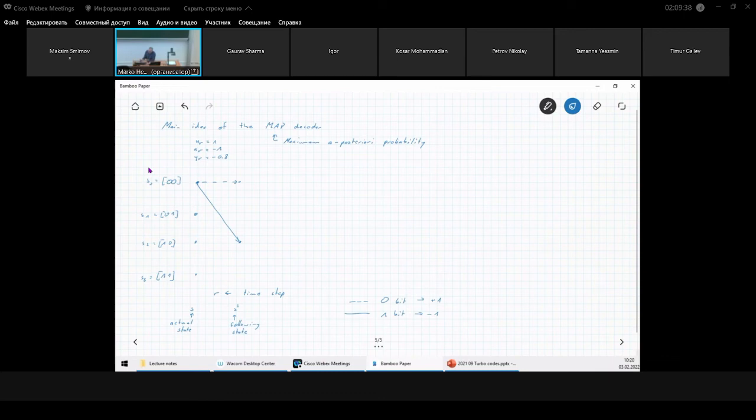This means the 1-bit is more likely than the 0-bit. So the solid transition is more likely than the dashed transition. So just look at the numbers here. So maybe 90% probability. We could calculate this. 10% probability.